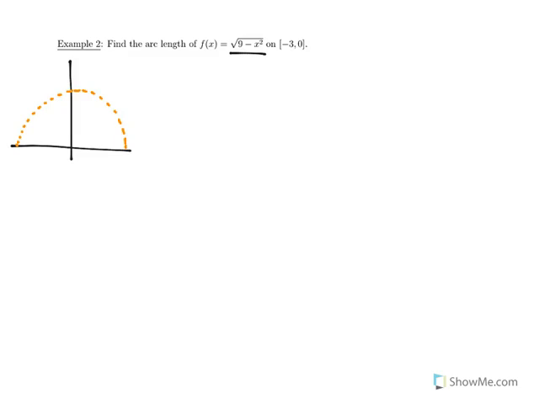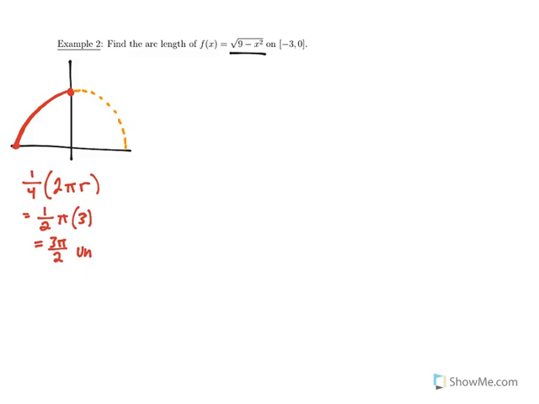And if we're going from -3 to 0, we are looking at just this section. And the arc length here should be 1/4 of 2 pi r, the circumference of the circle, or 1/2 pi times 3, the radius, or 3 pi over 2.